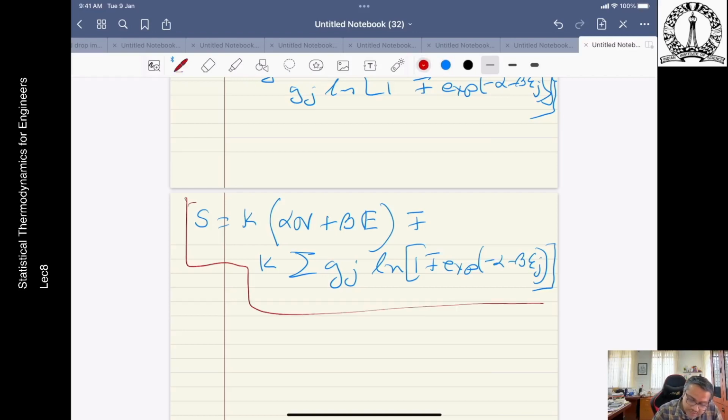But again, you still retain the terms alpha and beta, as you can see. So those are not yet determined; what should you do about it?